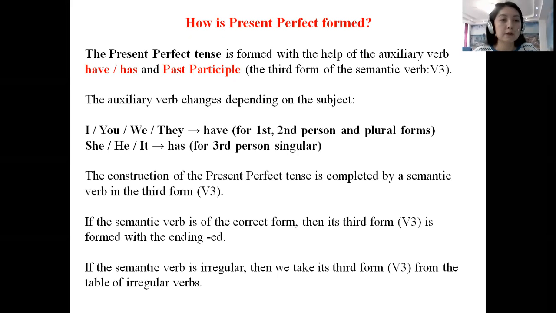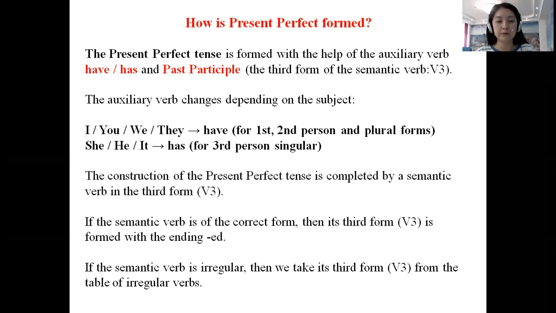If we use I, you, we, they, we use have, for first and second person and plural form, yes? Okay, next we use has for third person singular. It's he, she, it. The construction of the present perfect tense is completed by a semantic verb in the third form.